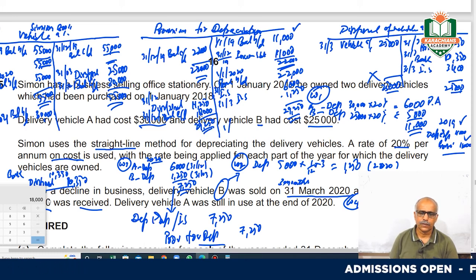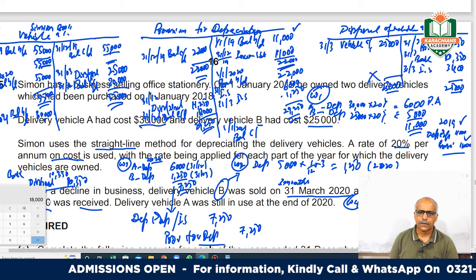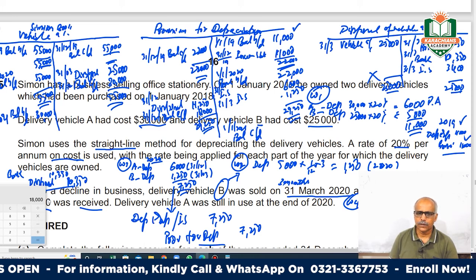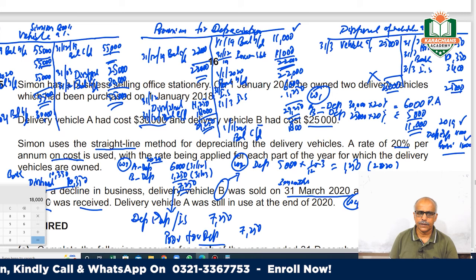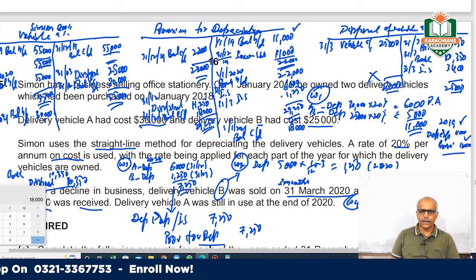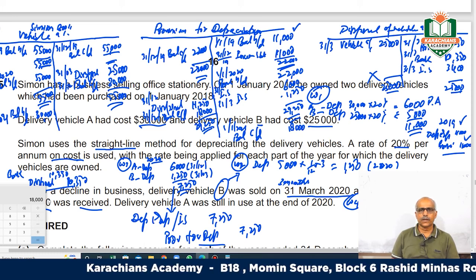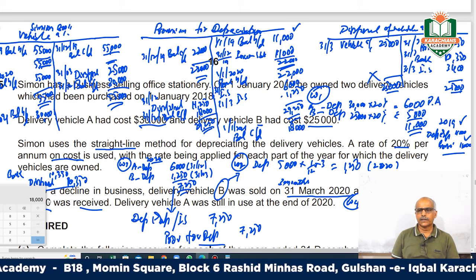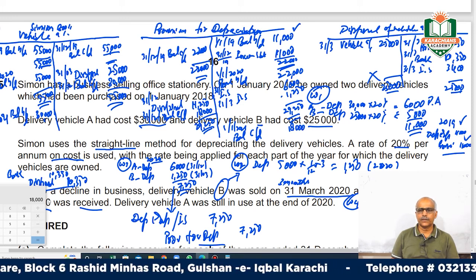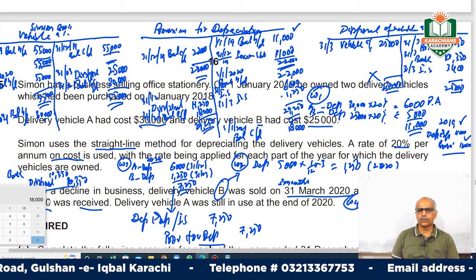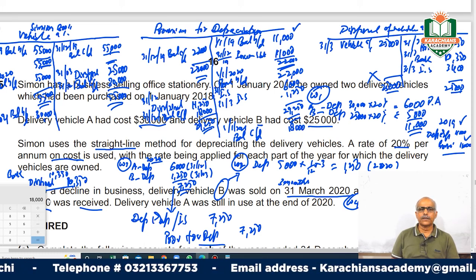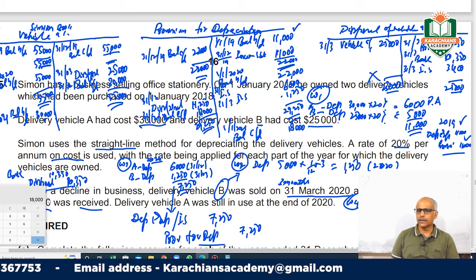On 1st of January 2021, your balance BD in provision account is 18,000. Right guys, so this is the whole question. We have maintained the vehicle account, we have maintained the provision account for 2019 and 2020. We have opened up the disposal account and we did the disposal and we charged it to the P&L account, and we're done with disposal and disposal account is closed. So your requirement for A is done.